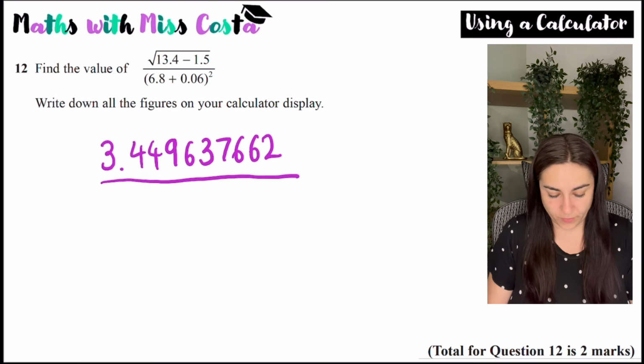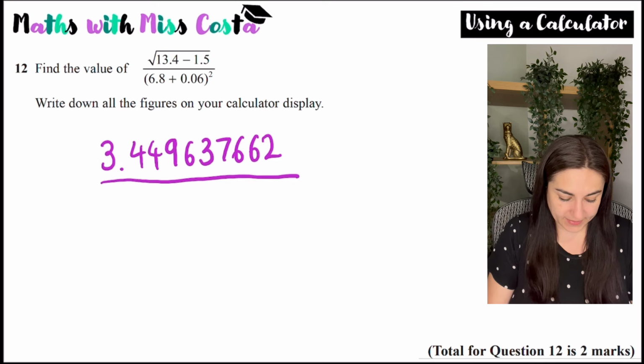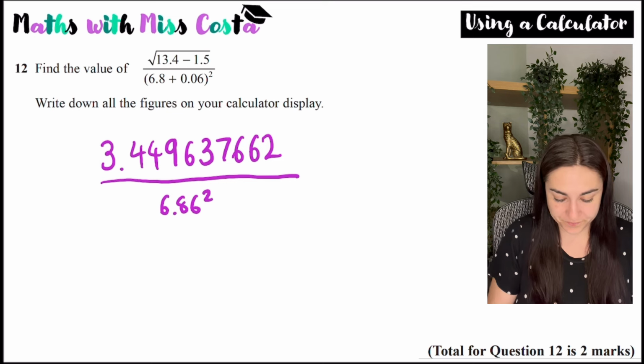And then I want to work out 6.8, so I put in brackets 6.8 plus 0.06, which gives me 6.86. So I'm just doing it bit by bit just to make sure.